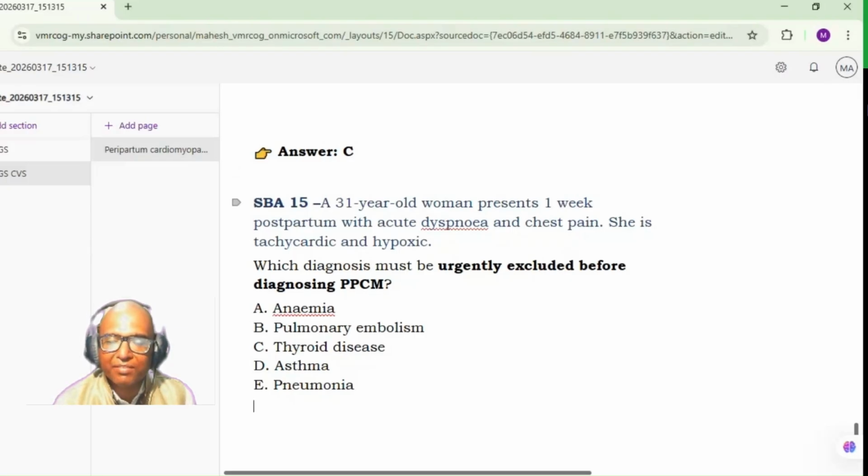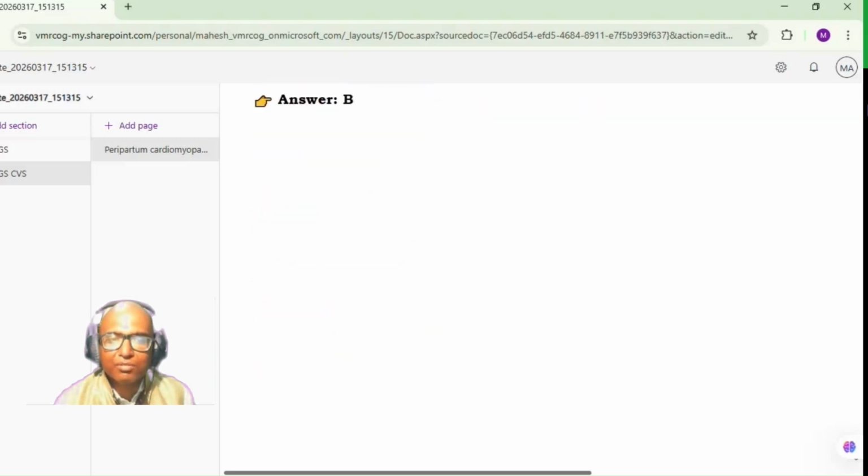That table is going to be very, very important. They will give you a 7-8 line scenario, and accordingly you should be able to pick the differential. If you want to label this as PPCM, you need to rule out pulmonary embolism, because she's postpartum, presenting with acute dyspnea, chest pain, etc.